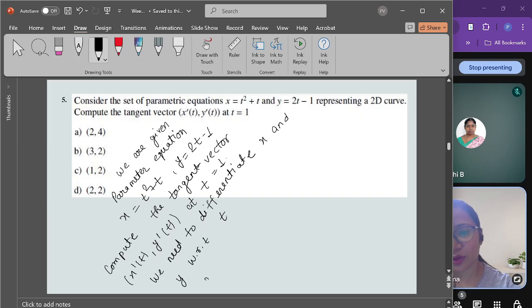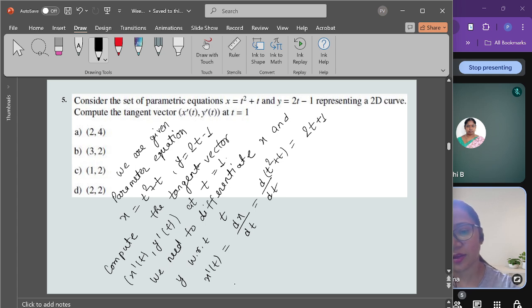Okay, so x dash t is represented by dx divided by dt. Here x is given, so d of t square plus t by dt. If you just differentiate, you will get 2t plus 1.